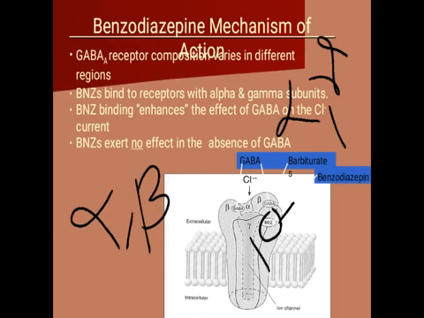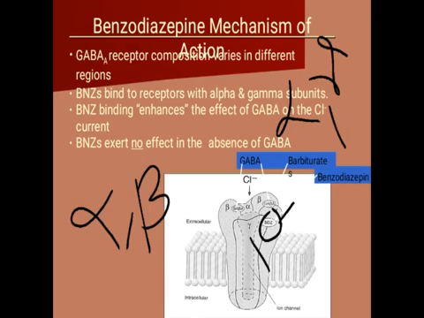And when chloride enters into the cell, what happens? Inside the cell, negative charge increases. Outside the cell, positive charge increases. And it will lead to the formation of the hyperpolarization or polarization state. Okay, and that is the resting state.